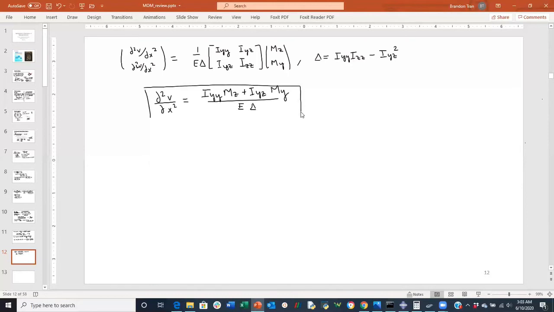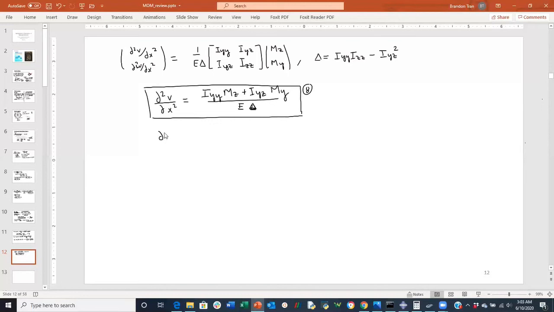Okay, so this first equation right here is equation 8, one of the essential equations we need.